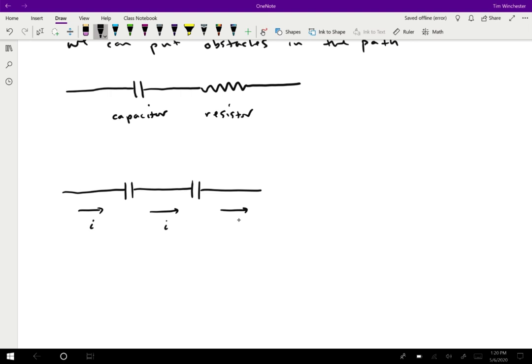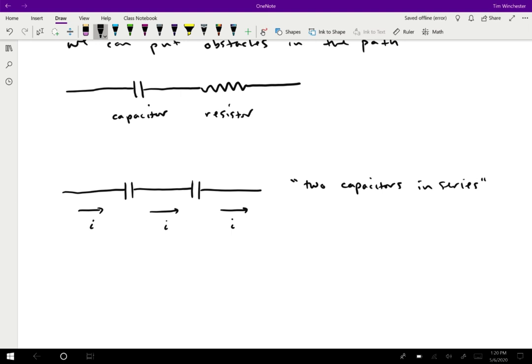It's a little less obvious with the capacitors, but it turns out that it's true that the current is not going to change when it goes through one of these capacitors. So the way that we describe components that are hooked up like this is we say that they are in series. So we could describe this as two capacitors in series.